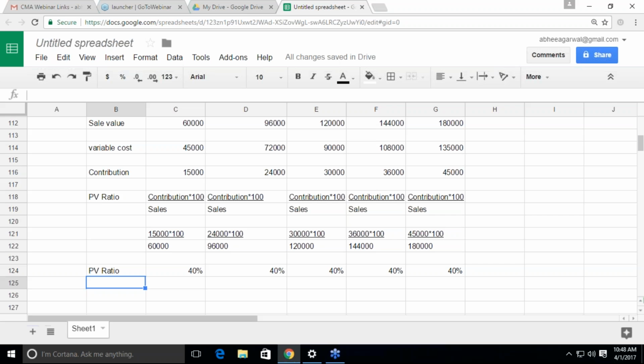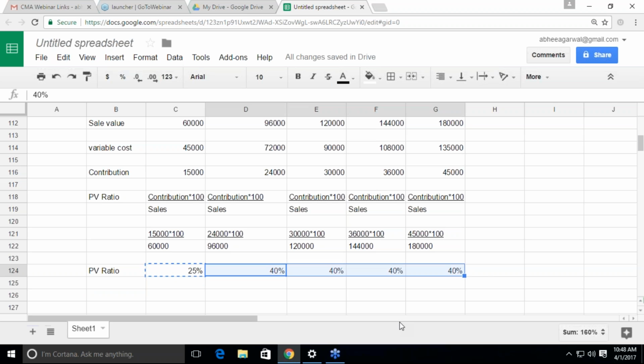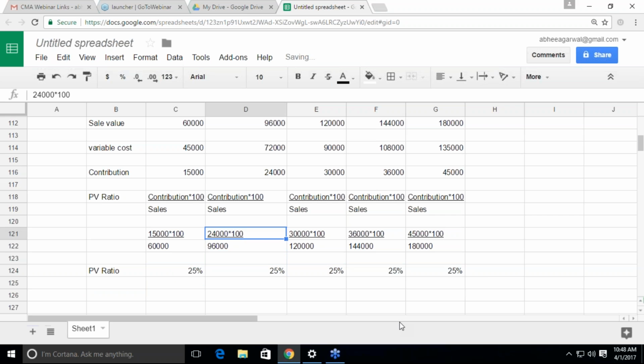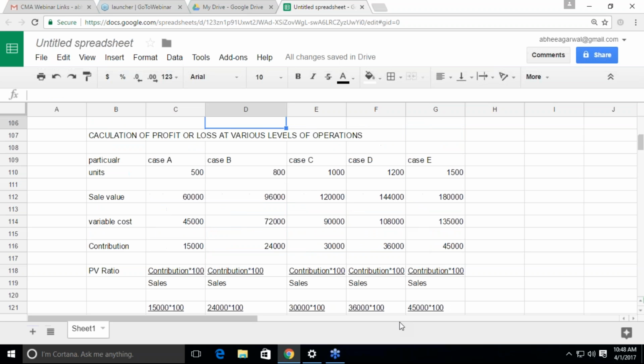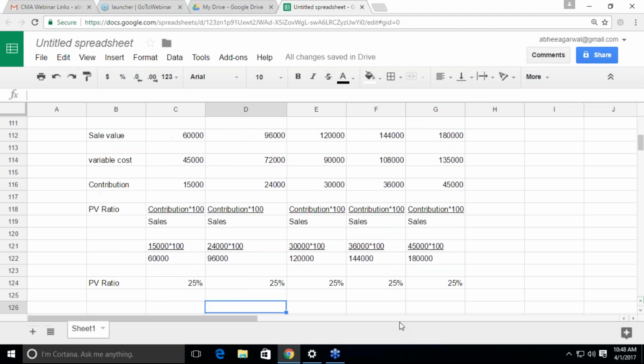Sale is 60,000. So your PV ratio, contribution upon sale, is 40%. Oh, it's not coming 40%. I'm sorry, it's 25%. It's not 40%, it's 25%. Then similarly, 24,000 divided by 96,000 into 100, 25%. 30,000 divided by 120,000, 25%. 36,000 divided by 144,000 into 100, 25%.